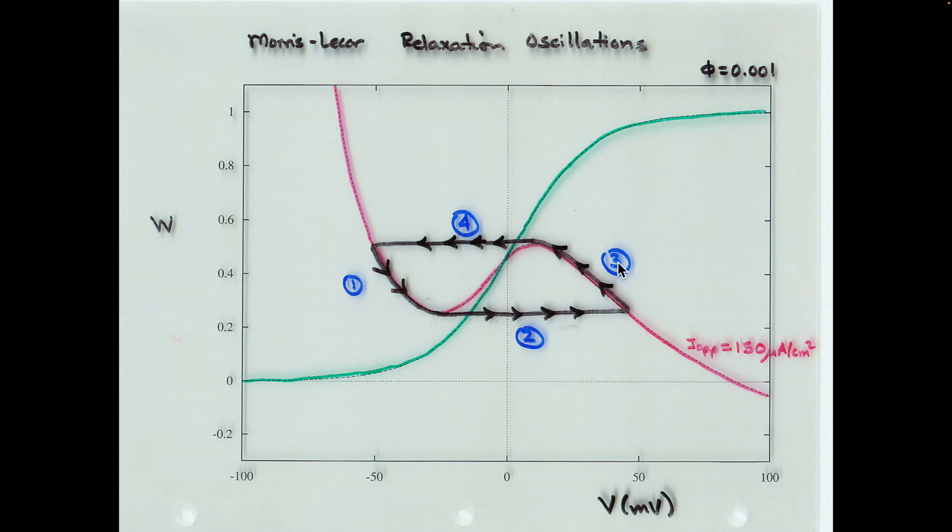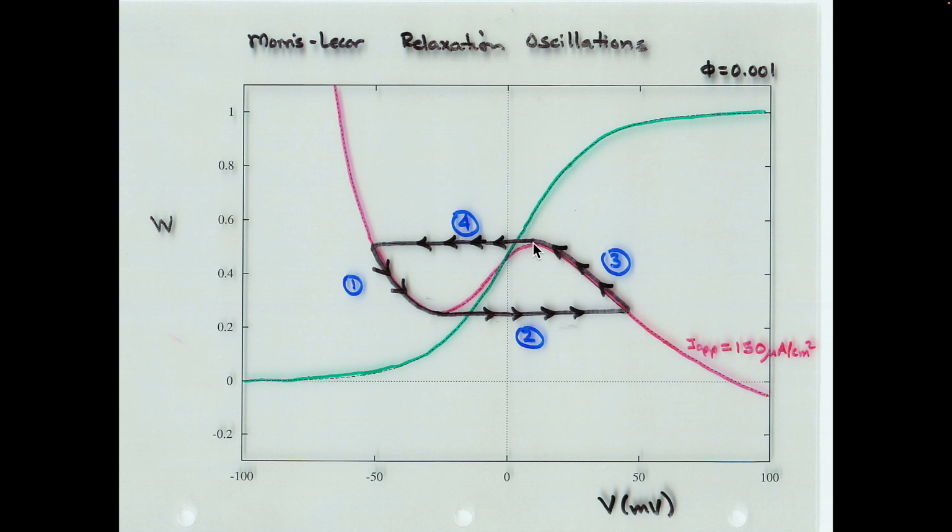When you're in phase 3, you slowly move in this direction along the voltage null line. That is a gradual increase in W, which is a slow activation of the potassium current. Activating the potassium current is turning on an outward current, which is hyperpolarizing. That's why the voltage is decreasing during this phase.